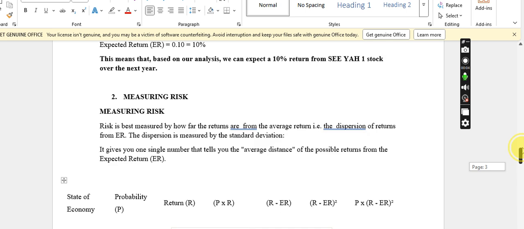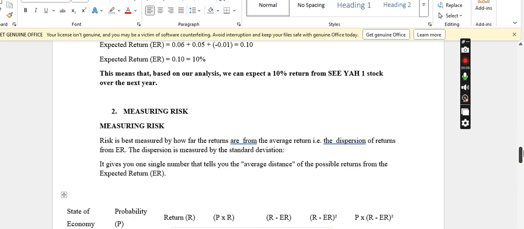Okay, so we're learning how to calculate or measure risk. Risk is measured using the standard deviation. Standard deviation is basically how far the data points are from the average.